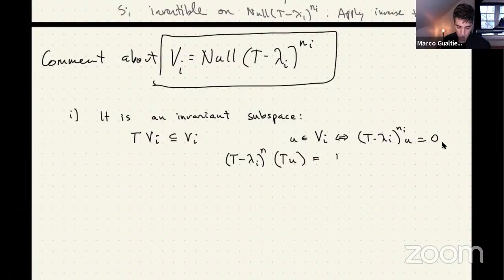So (T minus lambda I) to the ni applied to Tu is equal to T applied to (T minus lambda I) to the ni u, which is equal to T of 0.